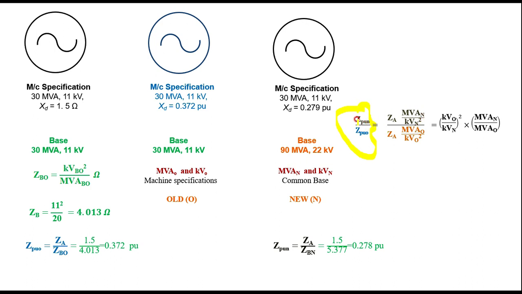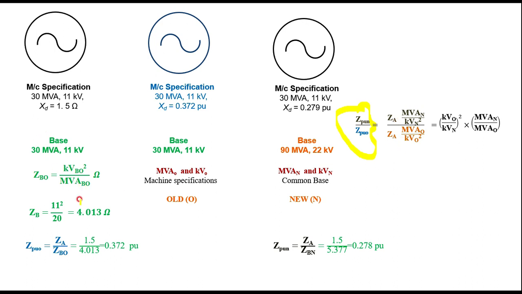If you look into this equation, Z per unit new, the equation is the same as this. Just what you have to use: Z per unit old is ZA divided by ZBO. What is ZBO? ZBO is kVo square divided by MVAo. That equation I am putting here, that is, ZA is in the numerator and ZB is in the denominator of each numerator and denominator of this equation.